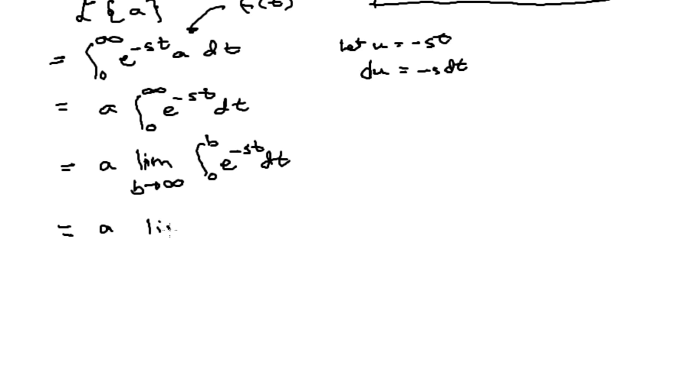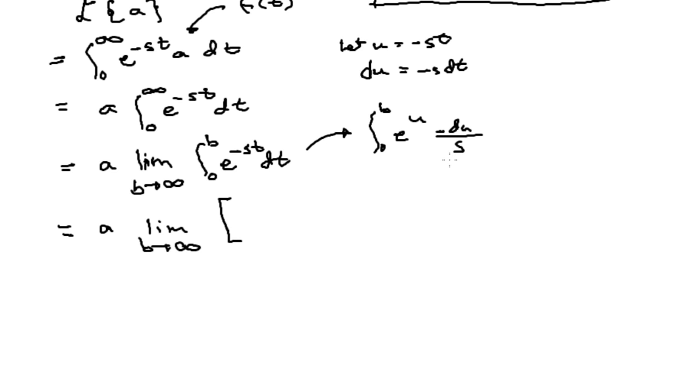a multiplied by limit as b approaches positive infinity ng, diba, ito magiging integral from 0 to b ng e raised to u, tapos s is a constant, multiplied by negative du over s.